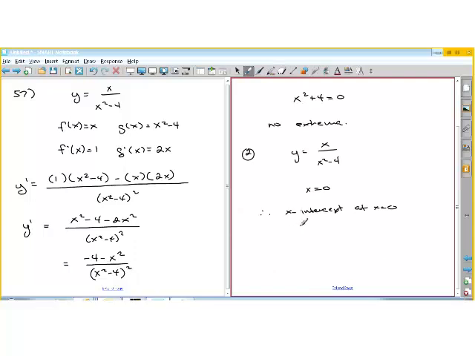And our y-intercept is when you set x equal to 0. So you get y is equal to 0 over 0 squared minus 4, which is 0. 0 divided by negative 4 is 0. So we have both the x and y-intercepts of 0.